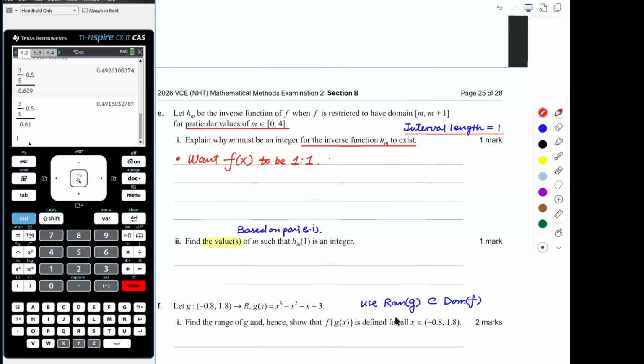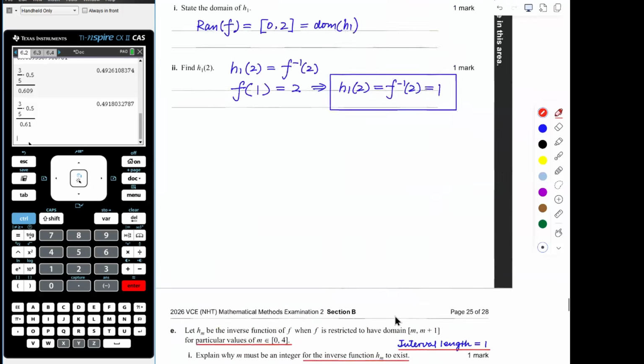So h of m of x equals f inverse of x exists. But you have to explain that.